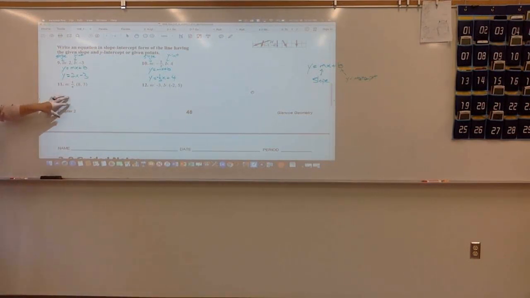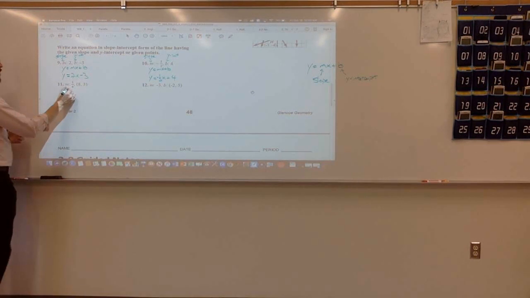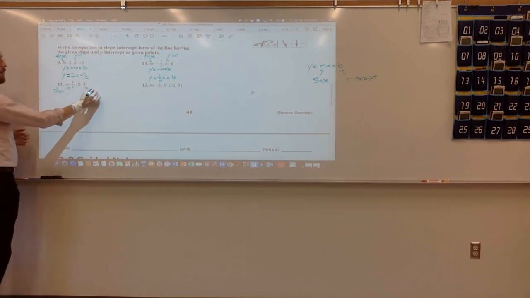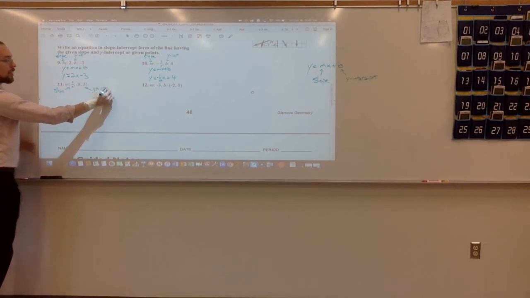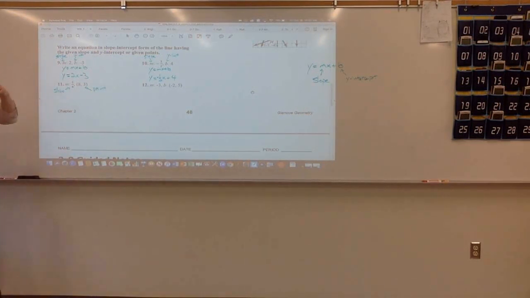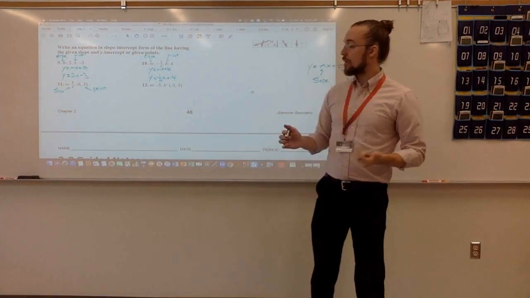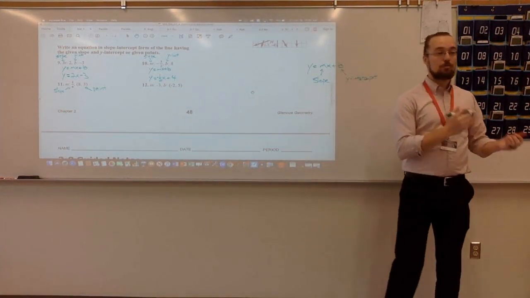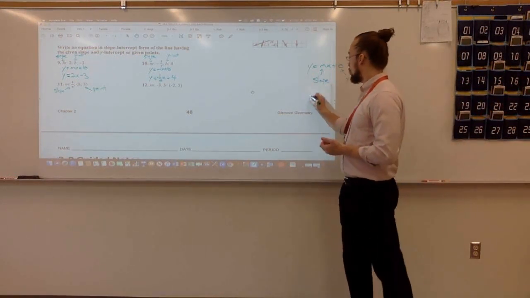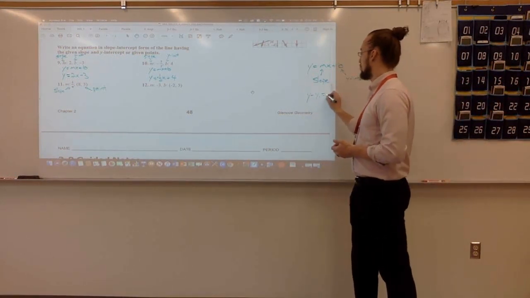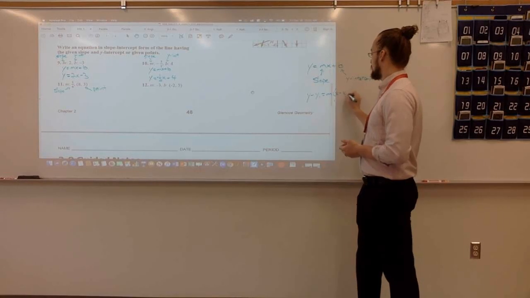Okay. Now, in our last two examples, we're given a little bit different information. I'm given the slope, but then I'm given some random point. This is not the y-intercept. If you look back up at the top of your paper, there is a slope-intercept form of a line, and there is a point-slope form of a line. The point-slope form of a line looks like this.